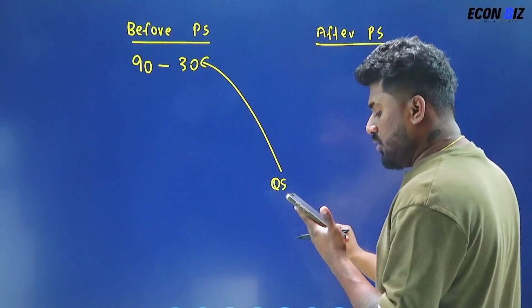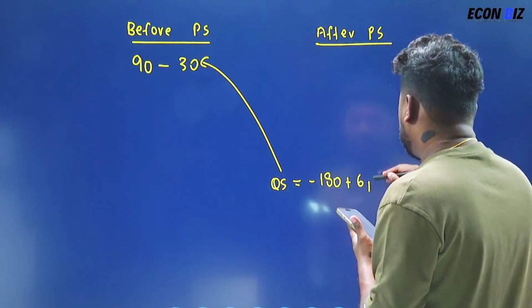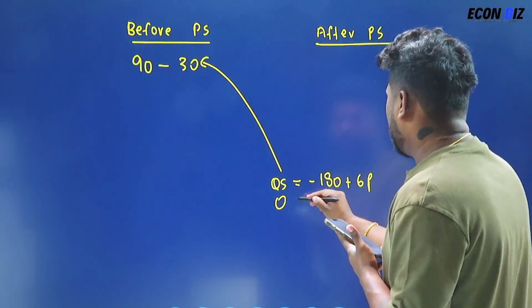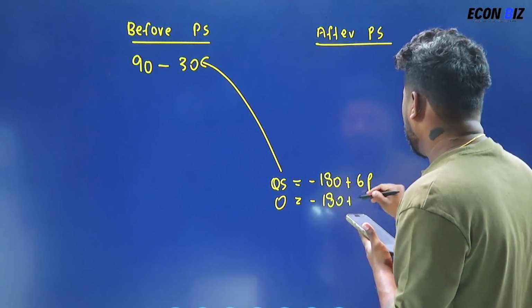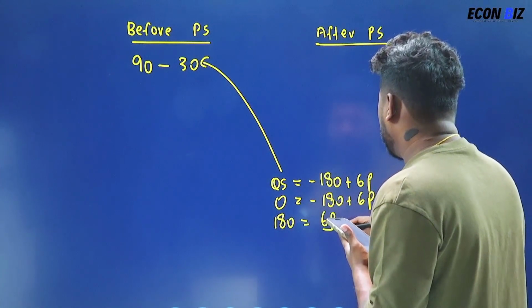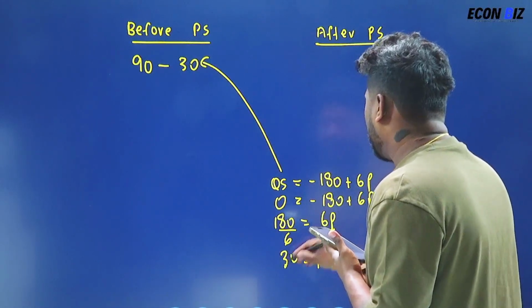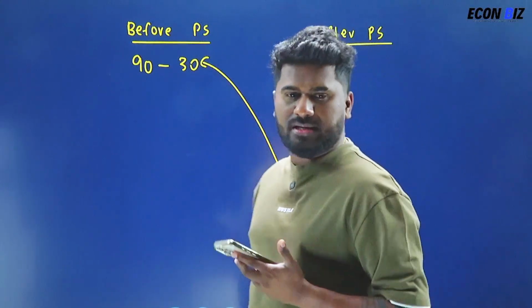You have the quantity supply equation. 6p. So QS වලට බින්දුව දාලා P ගේ value එක හොයන්න. 180 equals 6p, both sides divided by 6. So your price is 30. So this is the minimum expected price.